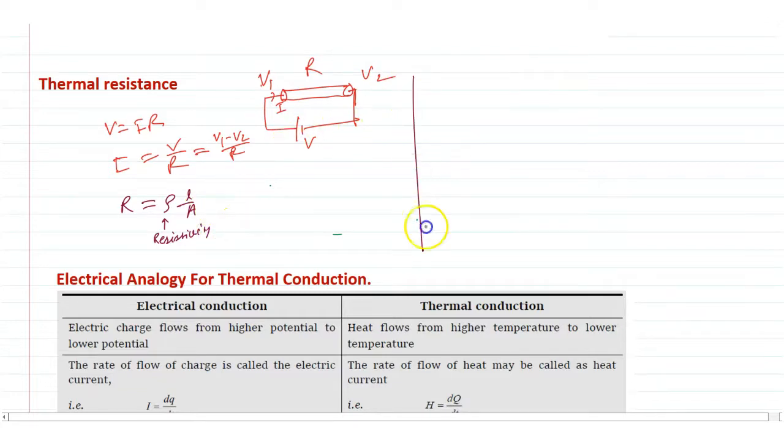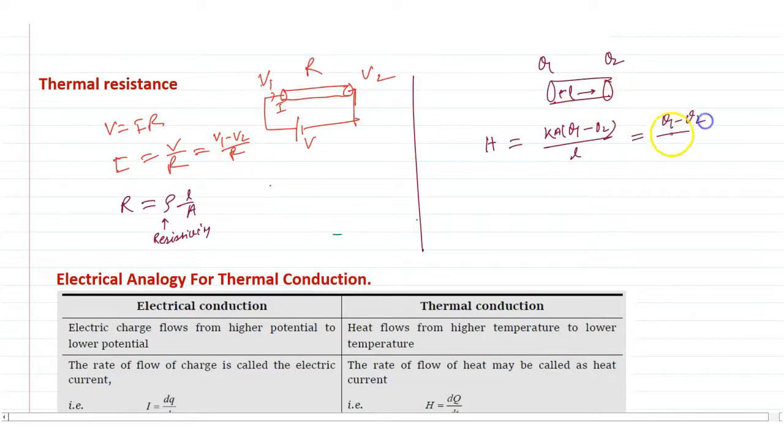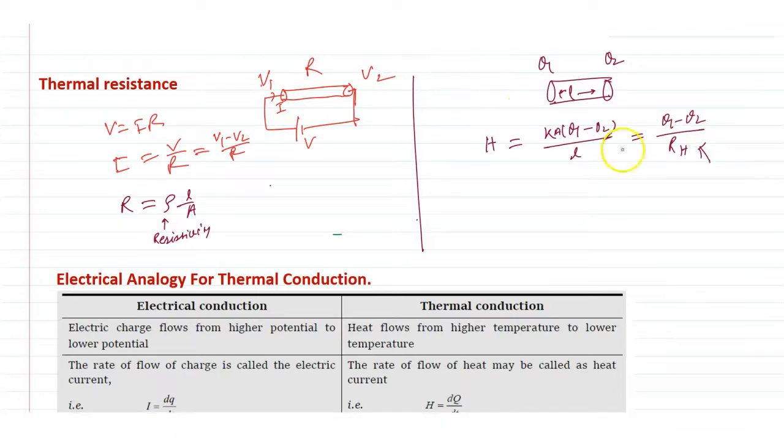And for a thermal conductor, if theta 1 and theta 2 are the temperatures, then the thermal current H equals K A (theta 1 minus theta 2) by L, where L is the length. Then, like (V1 minus V2) by R, here you can say (theta 1 minus theta 2) by RH. RH is called heat resistance.